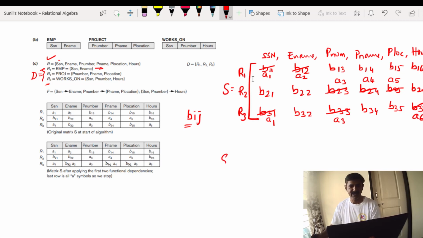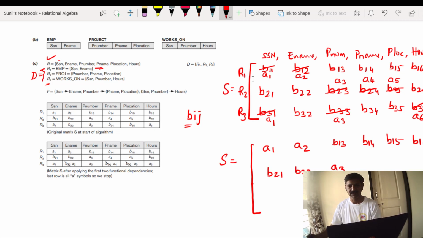So let me rewrite this matrix S now with all the new values. A1 here, A2 here, B13 has not changed, B14 has not changed, B15 has not changed, and B16 not changed. Then we have B21, B22.